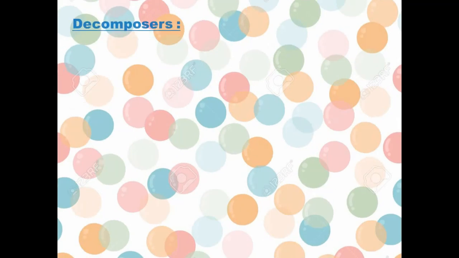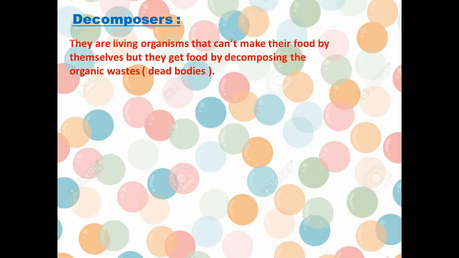Now let's talk about the third type of living organisms, which is called decomposers. What is the meaning of decomposers? Decomposers also are living organisms that can't make their food by themselves, like the consumers, but they get their food by decomposing or analyzing the organic wastes, or we can say dead bodies.